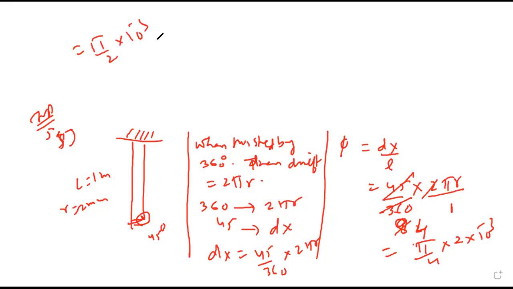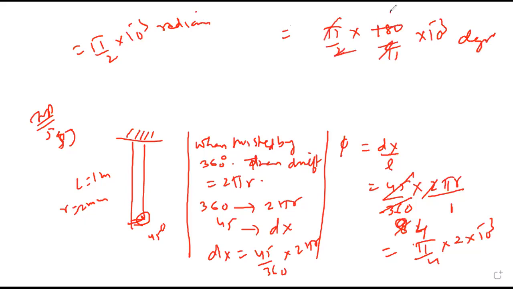This is in radian. So converting into degree, pi by 2 into 180 upon pi into 10 raised to minus 3. Pi cancels, 2 into 90, 9 into 10 raised to minus 2, 0.09 degree.